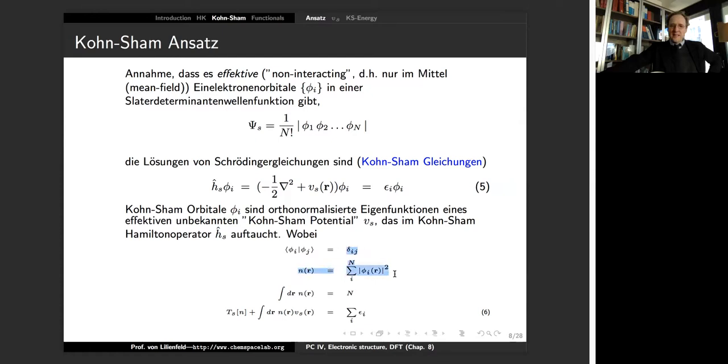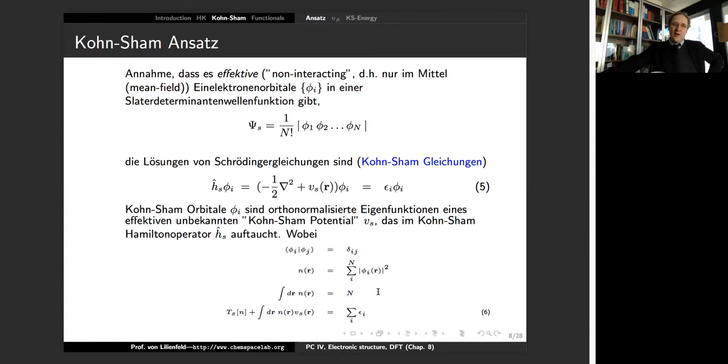The electron density, we already discussed this as well, is just the sum over the occupied orbitals squared. This capital N is the number of occupied orbitals. They are orthonormal, so this will be the number of electrons. And so if you integrate over all of this, you must recover the number of electrons.